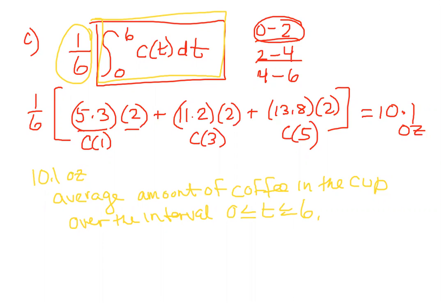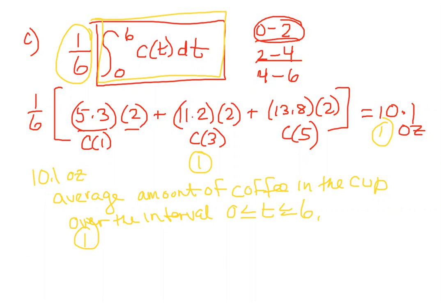Okay, that's what it is. You get 1 point for that answer. No, you get 1 point for showing this part right here. You get 1 point for your answer, and you get 1 point for your interpretation.